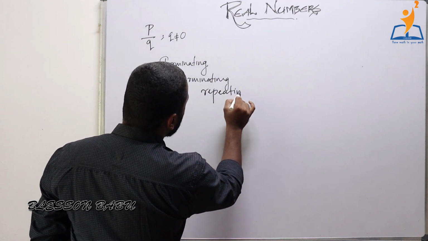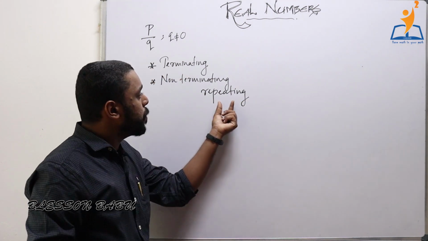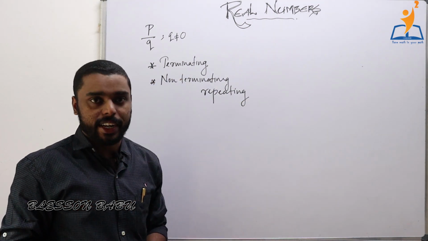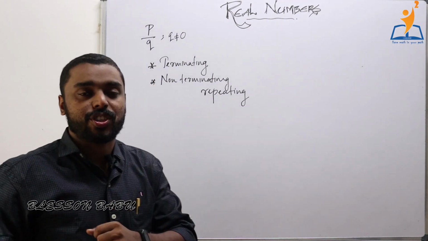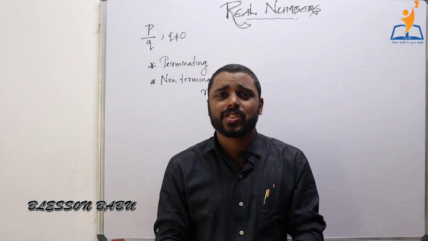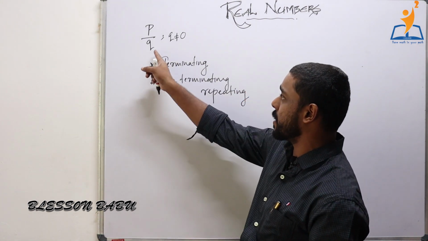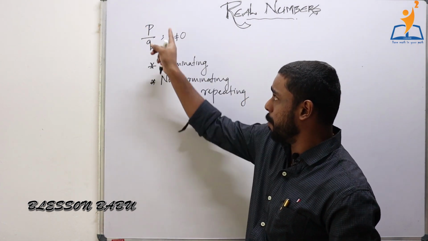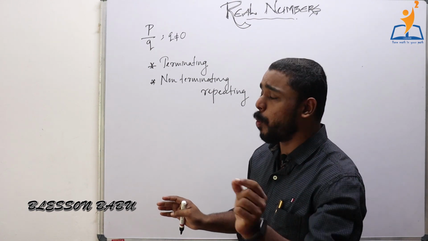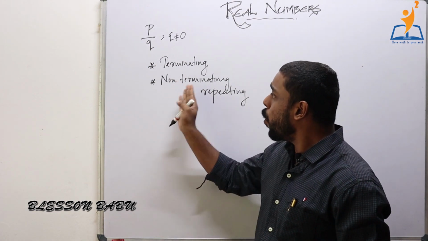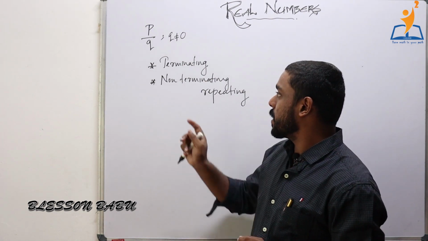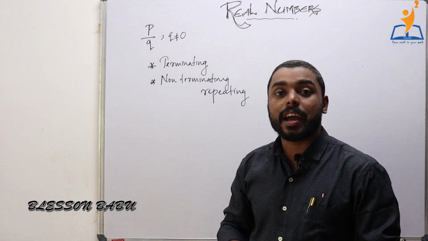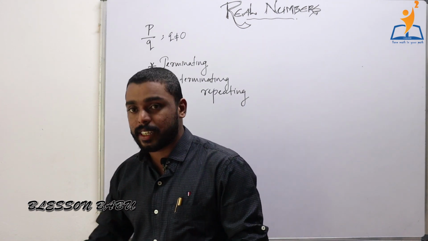It will not terminate, but the numbers will repeat after a finite stage. Such two possibilities exist for any rational number p by q. Now we shall check when it will terminate and when it will not.